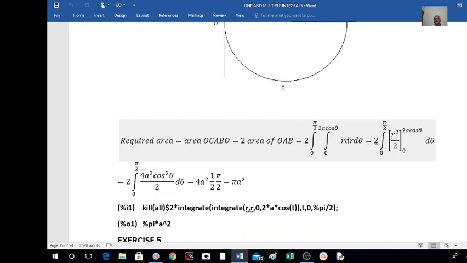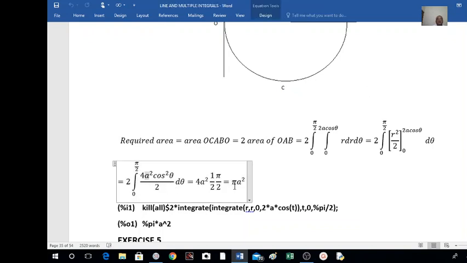This is equal to 2 into integral from 0 to pi by 2. Integration of r is r square by 2 between 0 and 2a cos theta. So that is equal to 2 into, substituting the upper limit, 2a cos theta square, which is 4a square cos square theta, divided by 2, into d theta.